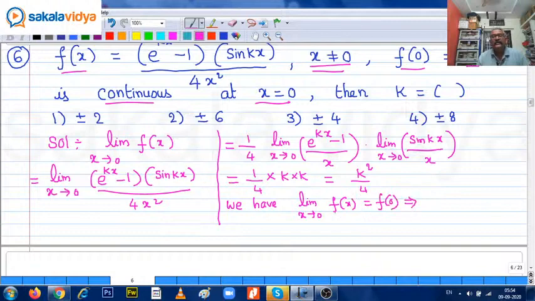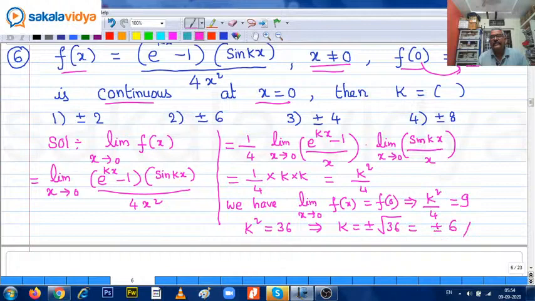That implies k square upon 4 should be equal to 9, because f of 0 is 9. So k square equals 9 times 4, that is 36, by cross multiplication. k equals plus or minus root of 36, that's equal to plus or minus 6 is the answer.